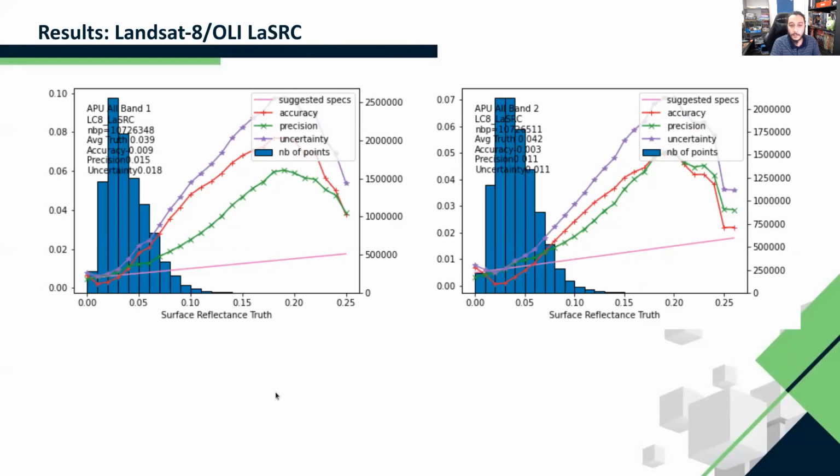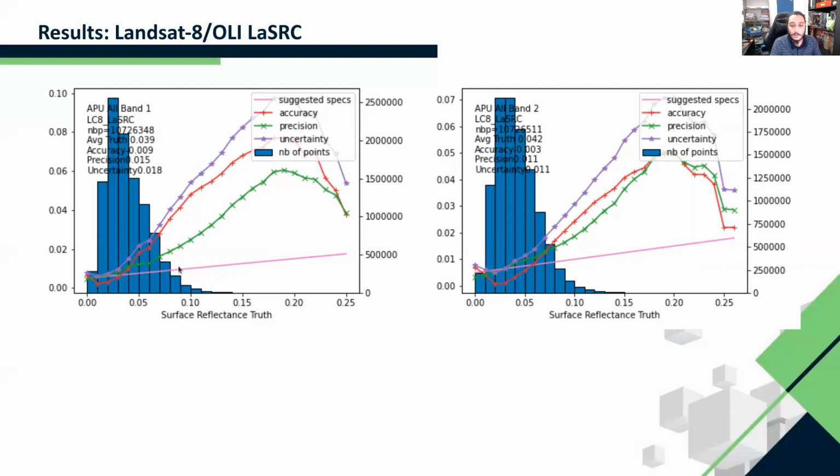Here is the first plot on the Landsat 8 LaSRC comparison. We can see these three lines, APU: accuracy, precision, and uncertainty, and a pink line, which is our suggested spec, our reference line. The main idea of this plot is that the APU lines should be beneath this reference line. For the coastal and blue bands, we can see that most of the data is above this reference line.